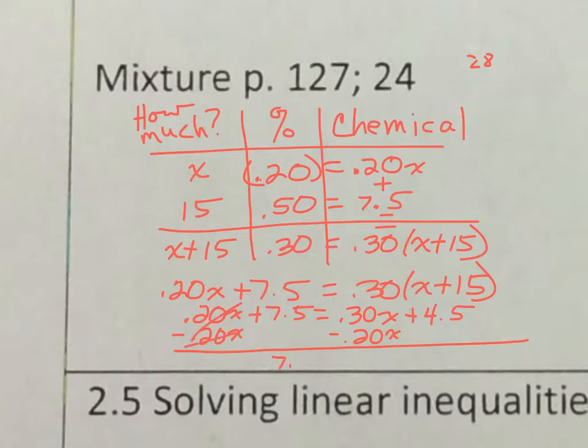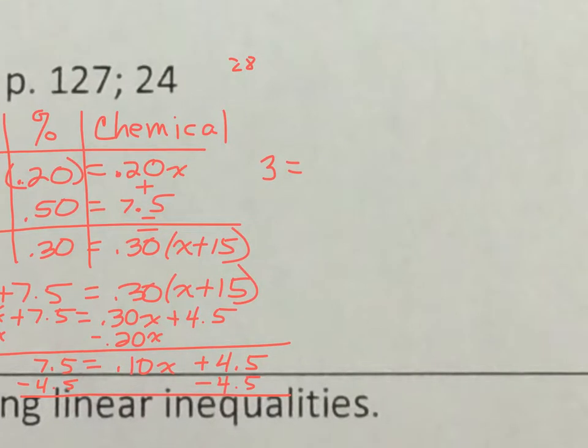Those go, so I have 7.5 equal to 0.30 minus 0.20 is 0.10x plus 4.5. I'm about out of room, but if we subtract 4.5 from both sides, then that's going to give me 3 on the left side is equal to 0.10x on the right hand side.